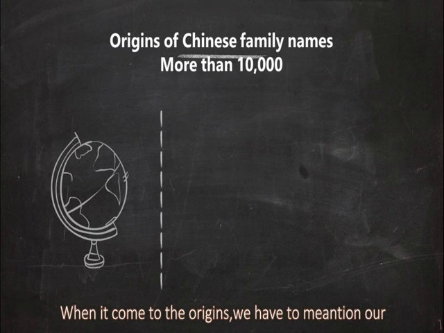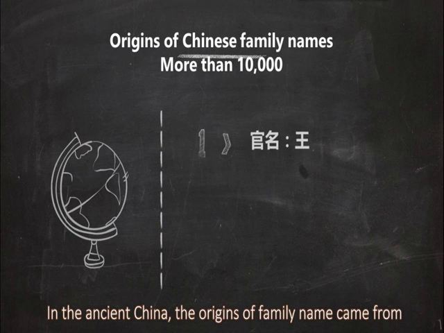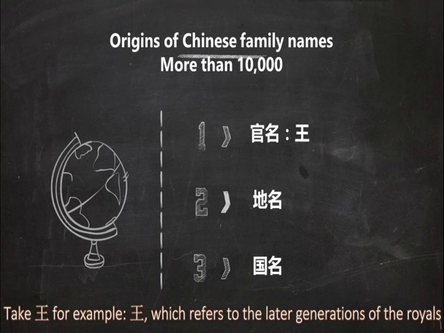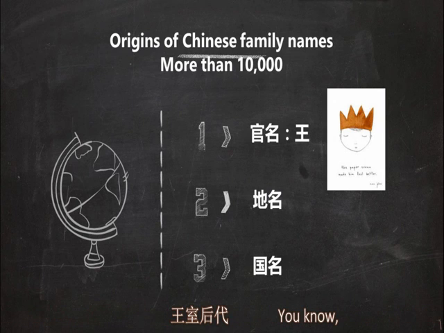When it comes to the origins, we have to mention our Chinese family names at first. In ancient China, the origins of family names came from three aspects: 官名, 地名, 国名. Take Wang for example. Wang refers to the later generation of the royals, 王室后代.